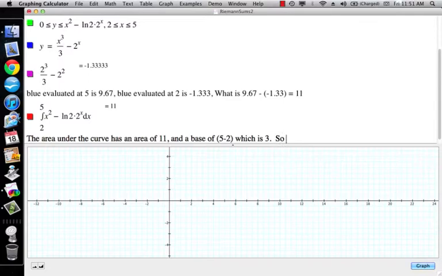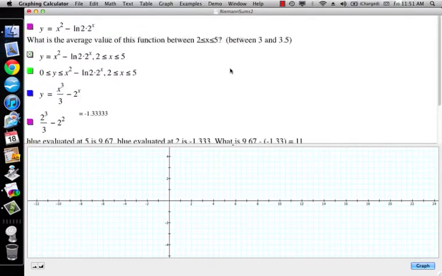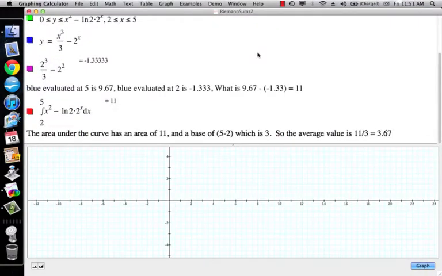So the average value is 11/3, which is 3.67. And my original estimate was between 3 and 3.5, and so I was wrong. It was between 3.5 and 4. So the average value is 3.67.